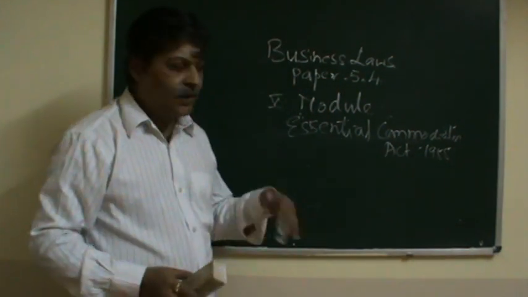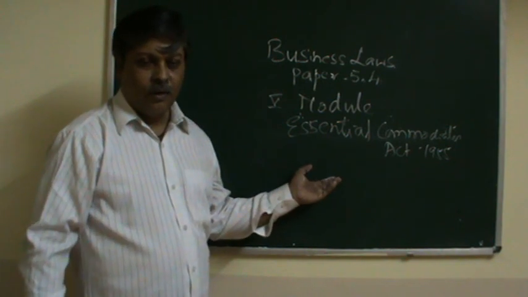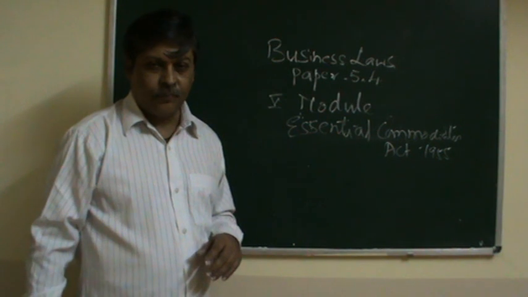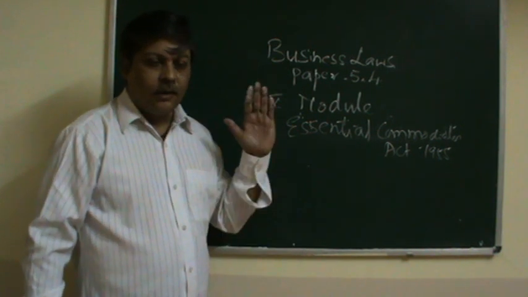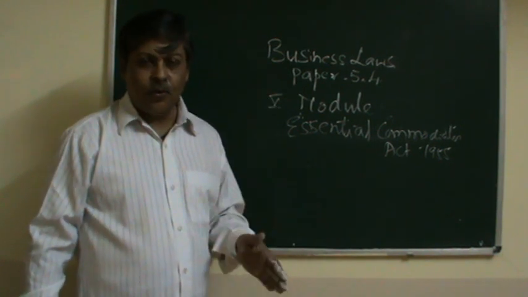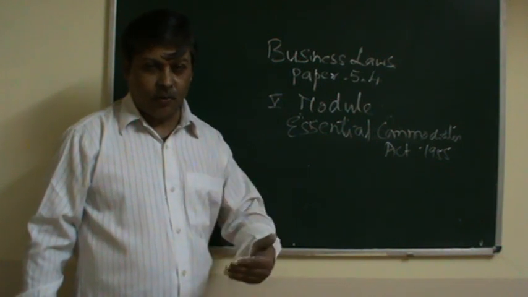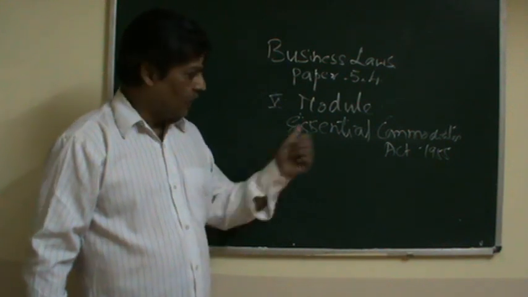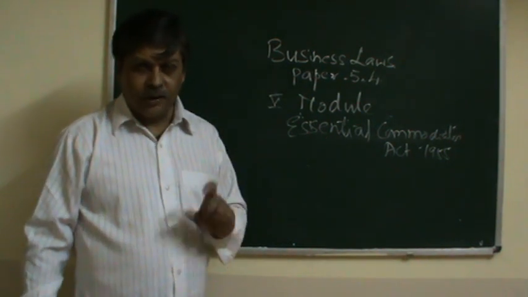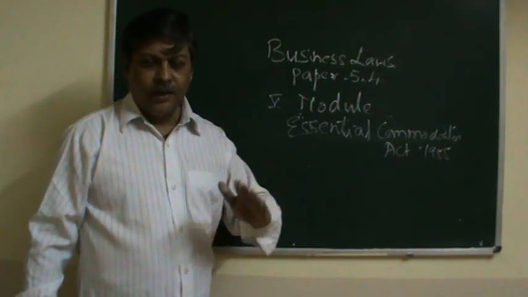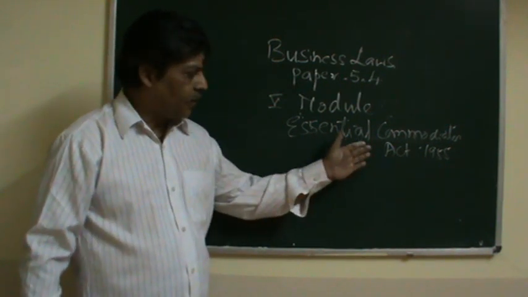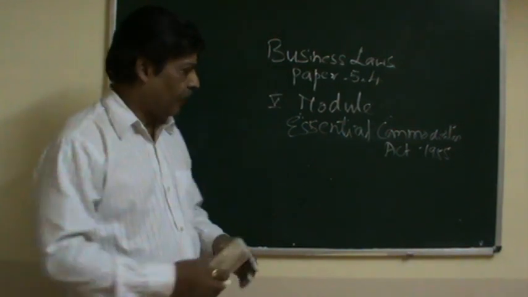So what are essential commodities? What is the law relating to essential commodities? And mainly, who is the person in charge of the control and regulation of these essential commodities? These are very small acts and we can cover them very easily. The Essential Commodities Act, 1955.